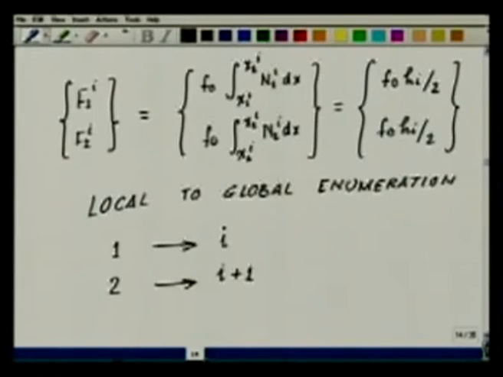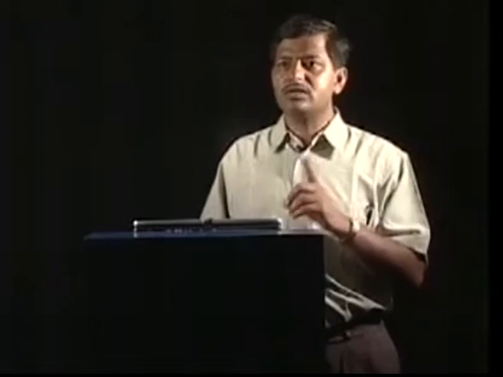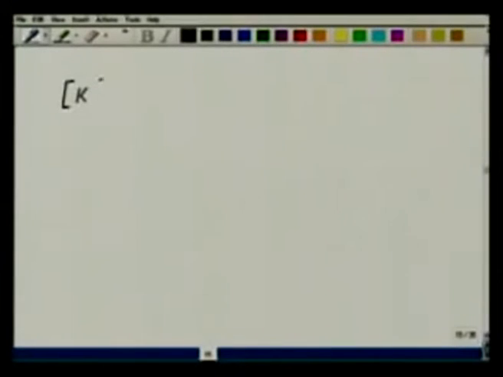So the job is very simple. We know which of these global entries we have to add these local entries to. Remember, our job is to form the global stiffness matrix K and the global load vector F.